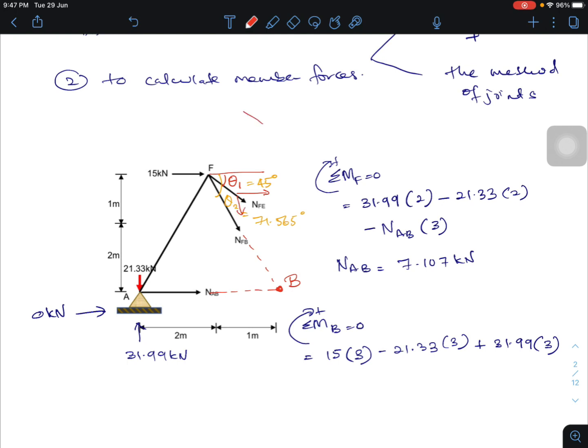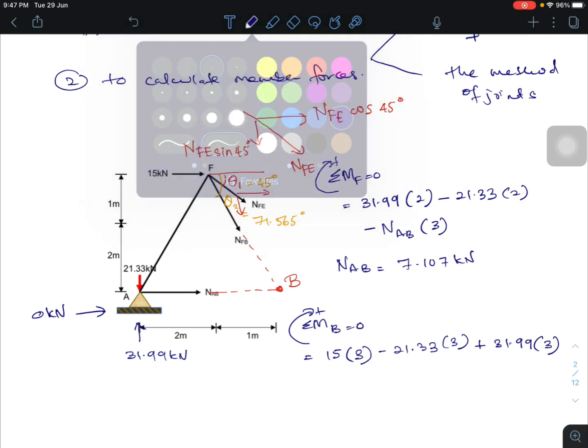For the horizontal component, it becomes NFE cos 45 degree. Meanwhile, for vertical component, it becomes NFE sine 45 degree.